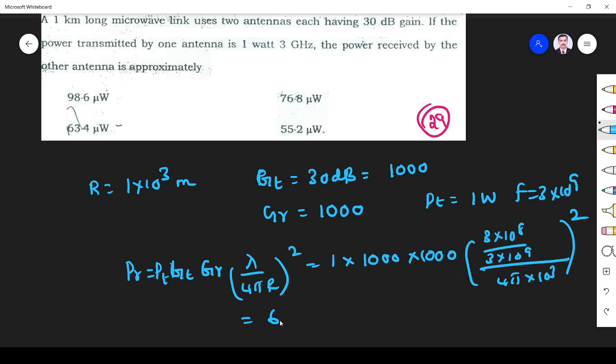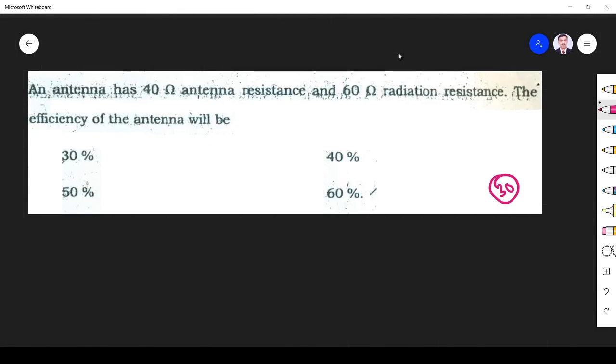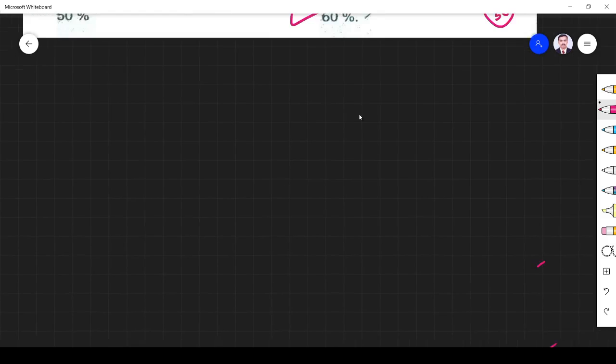If you simplify, you will get 63.4 microwatts. So the answer is option C. Next question: antenna 40 ohm resistance and 60 ohm. Just now we have seen it, it is a repeated question. D is the right answer.